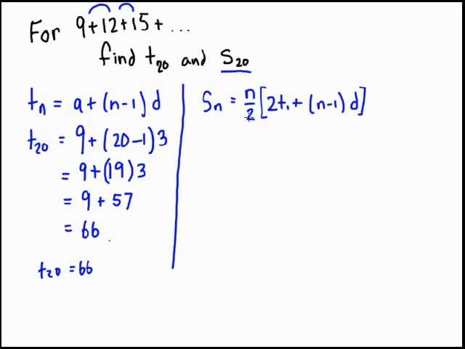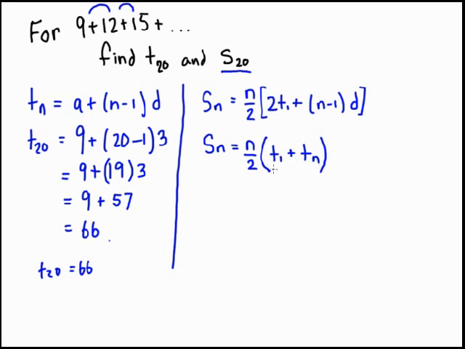Now that's one formula and that'll work. We could use that, but there's another formula we could use, which is this. Sn equals n over 2 times term 1 plus term n.